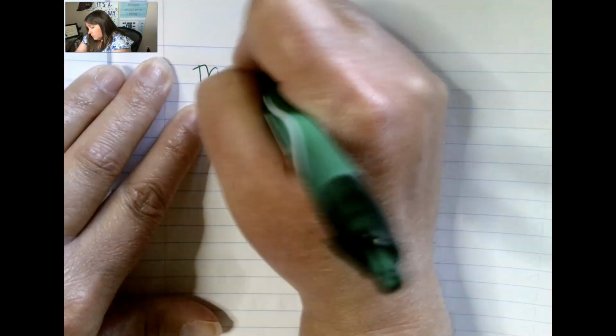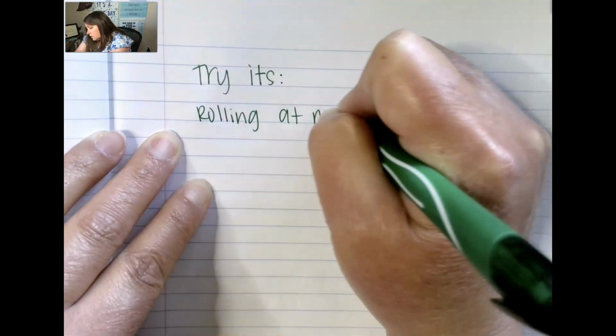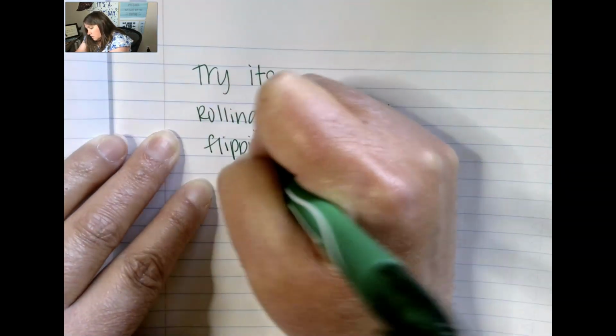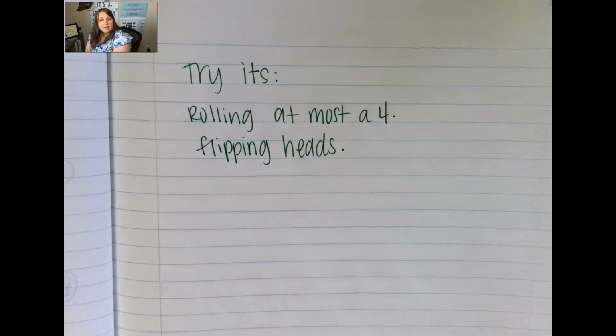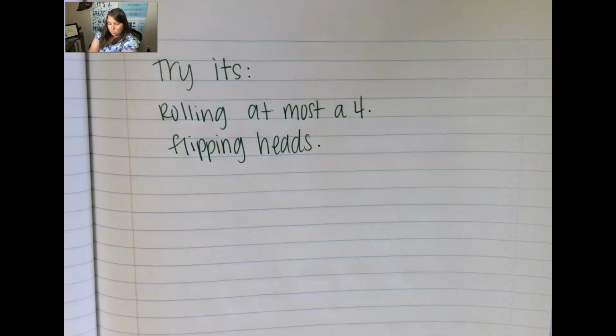And the try it is the probability of rolling at most a 4 while flipping heads. Okay, go ahead now and hit pause so you don't hear me solving this. And then when you're ready, come on back and check your work.